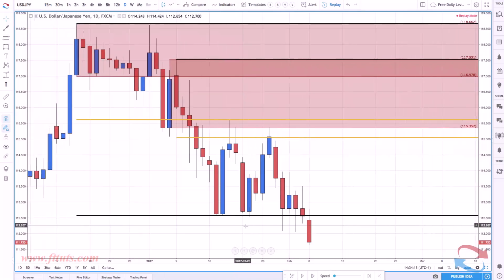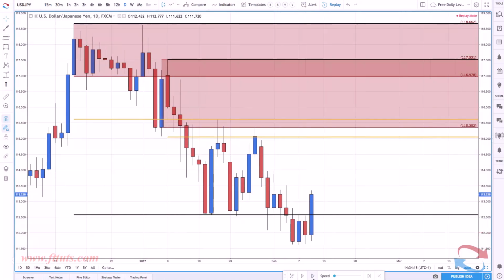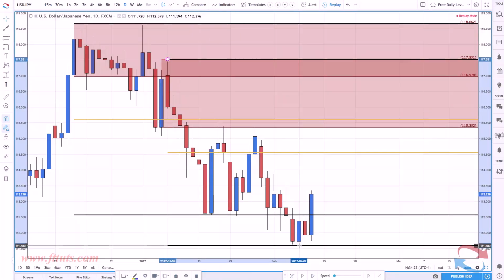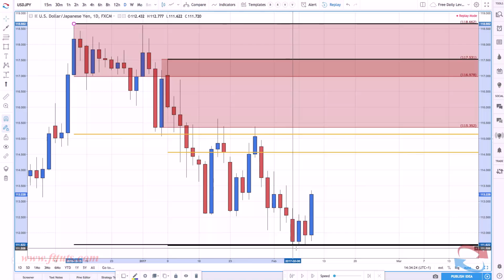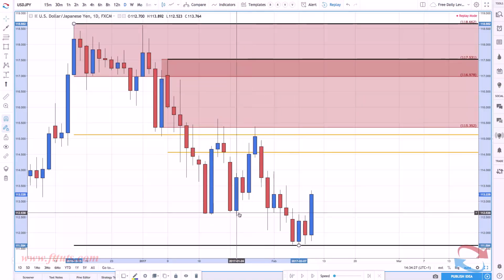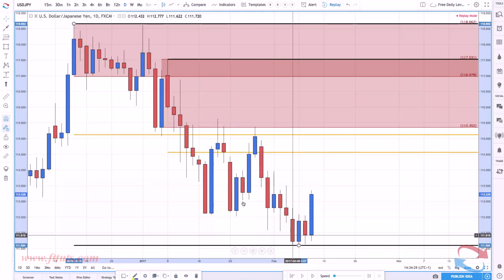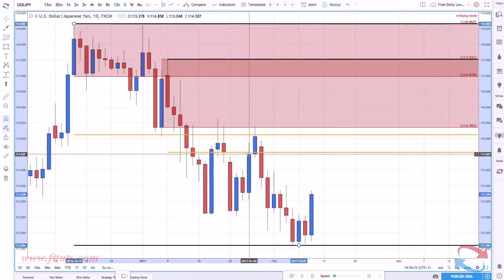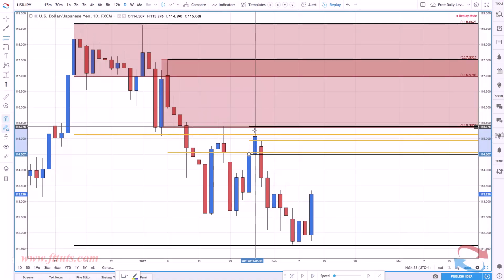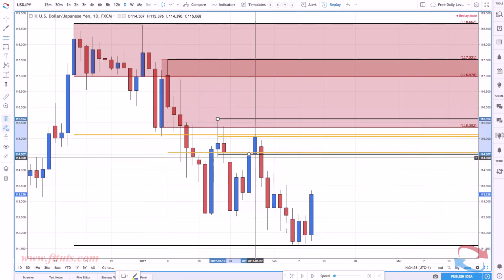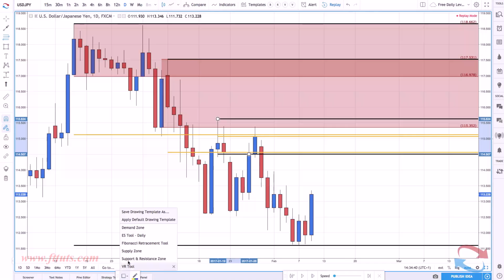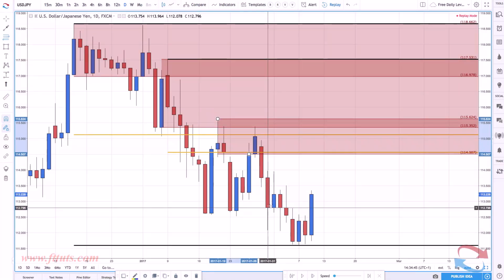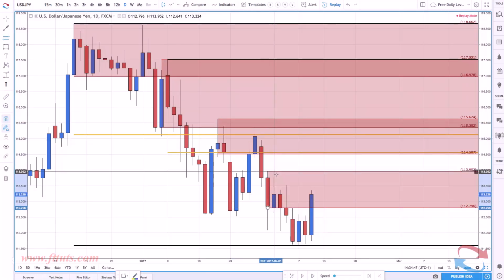So what we're going to do is maybe find a more defined one. And as we created a clear defined new low, we've got another level of supply. Let's do it from there to there. Supply, and then we've also got another one technically right here.